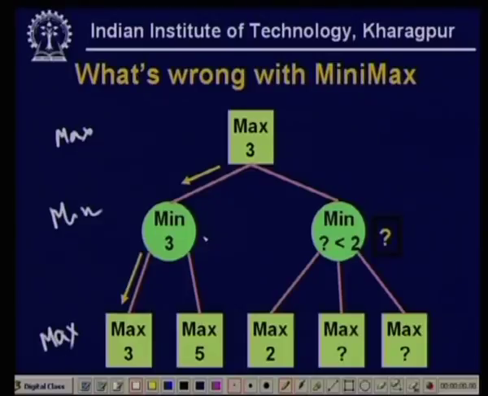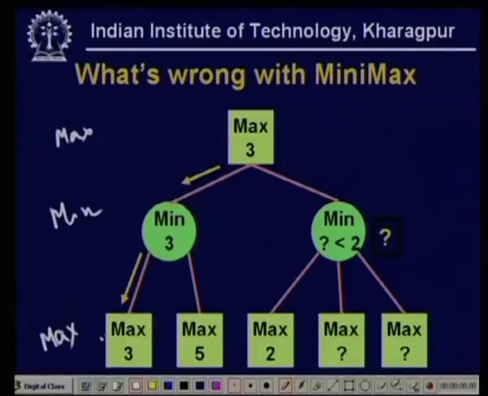Now, you see, the minimax values can be computed by depth first search. So, suppose this leaf gets evaluated first and it has a value of 3.